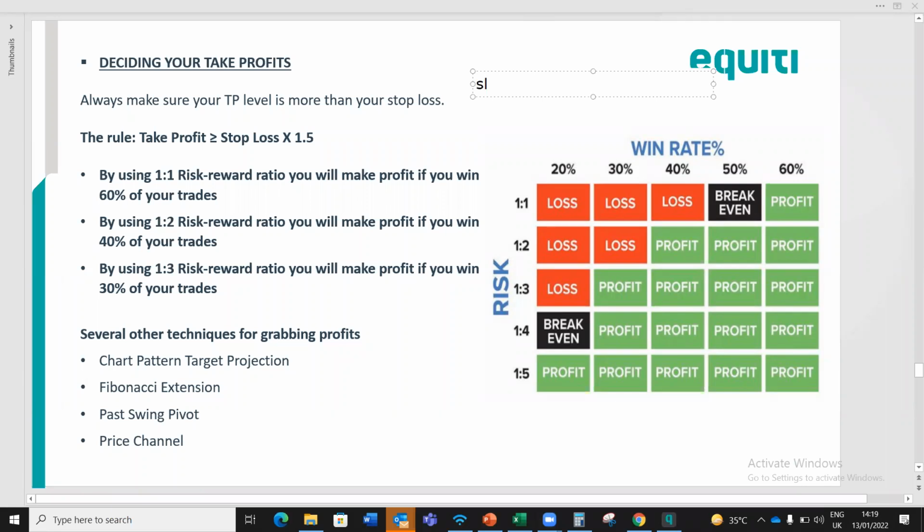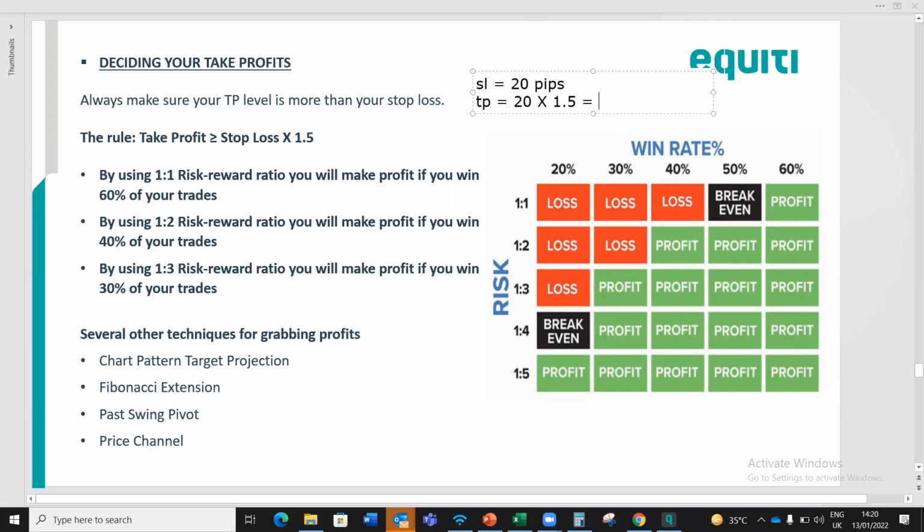What this simply means is that if your stop loss is, say, 20 pips, all right, your take profit should be greater than or perhaps equal to 20 pips multiplied by 1.5, and that gives us what?